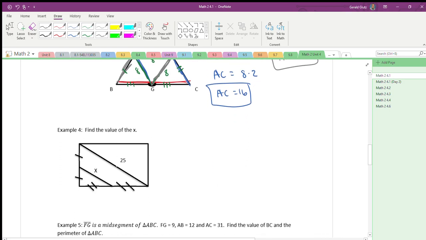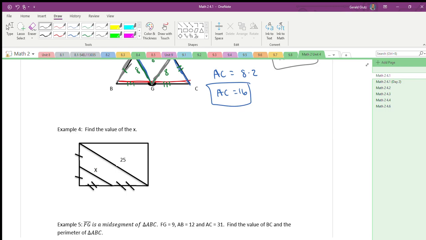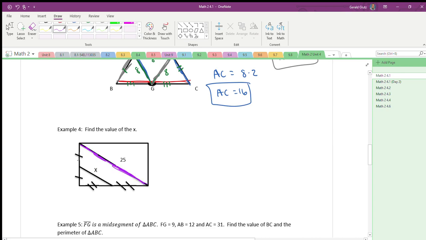Moving on to example 4. We have to find the value of x. This time we have a rectangle, but if you look closely, you'll notice that we have a triangle that I'm outlining in purple here. We got the 2 little tick marks here, which tells us that this is what kind of point? Hopefully you said midpoint.